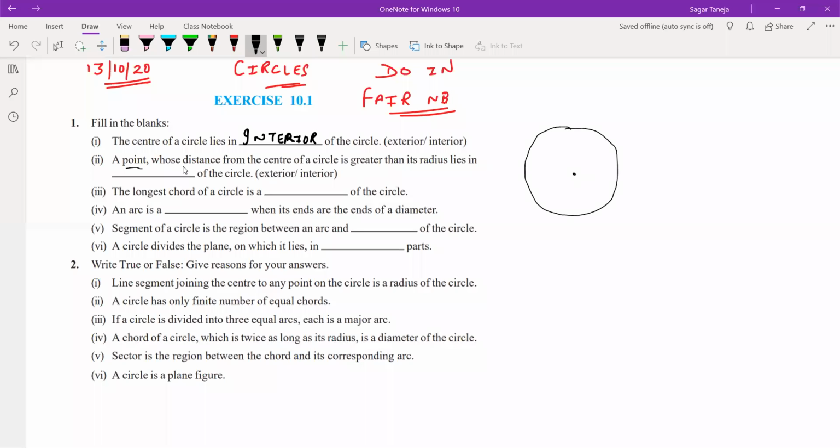A point whose distance from the center is greater than the radius: if I take the distance from the center to a point on the circle, then this is called the radius. If there is a line from the center and it is greater than the radius, then obviously the point will lie outside the circle. So we have to write here exterior.